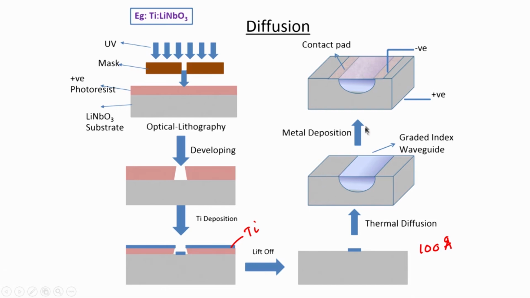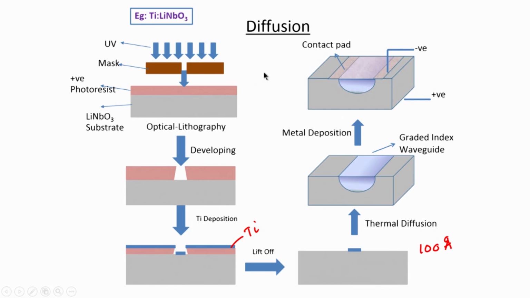We have already seen earlier that we can make active devices in lithium niobate. For that, we need to deposit additional layers. For example, in this case, you note electrodes adjacent to the waveguide. This is a negative electrode, this is a positive electrode. You can apply electric fields and change the refractive index properties of this lithium niobate.